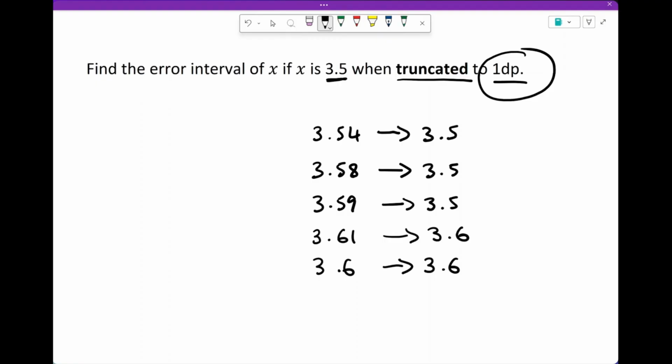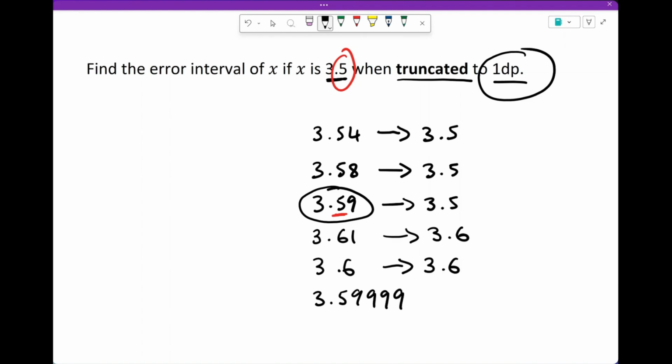The reason is, when we're truncating to 1 decimal place, we need our first decimal place to match our answer. We need the 5 to be the first decimal place. So if I was looking for a bigger number than 3.59, we would need our number to start 3.5 something. If we try to beat 3.59, I could write my 9 and then a 1 or a 5, or even better, a 9, and then another 9, and then another 9.